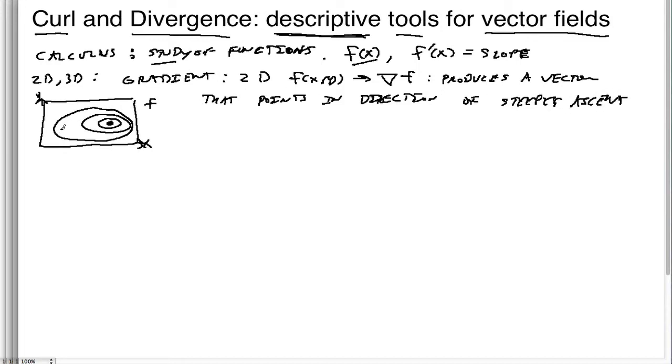So for instance, if I'm sitting right here at my point x, y, it's going to point more or less locally in the direction that's going up the hill, if you will, from that point. Now if I were over here, the gradient would point that way, and so on and so forth. All right, so that's one, and this is a very nice descriptive tool. It tells us something about the surface that we're dealing with.